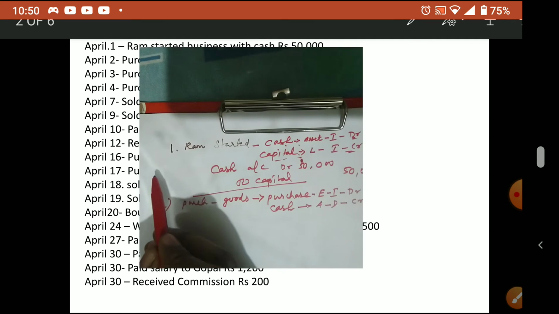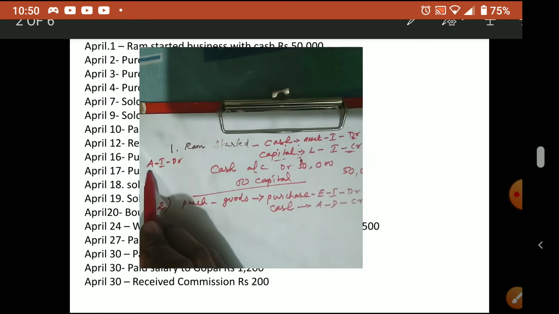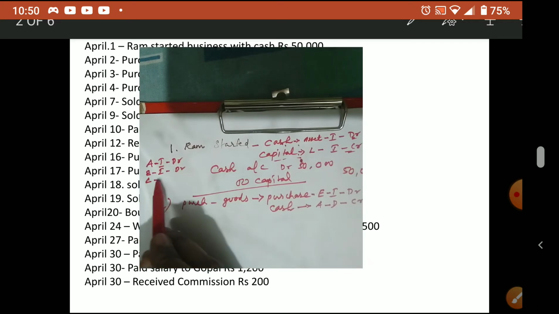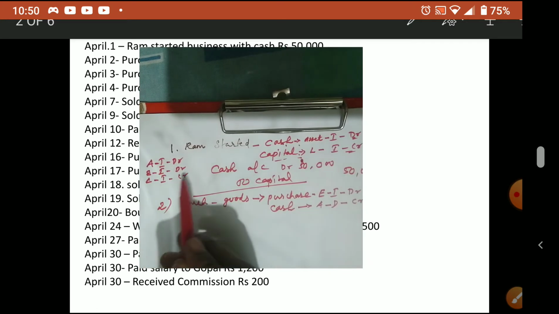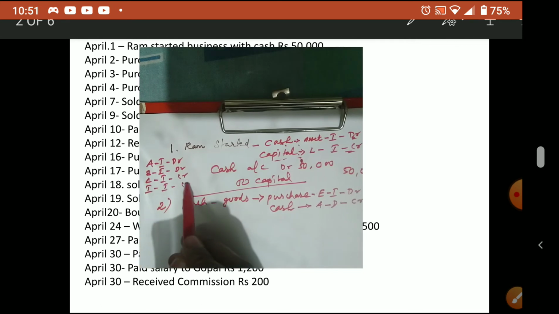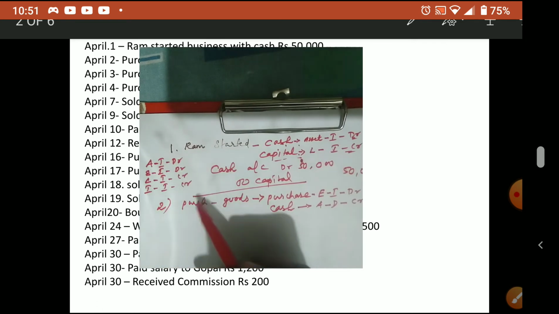So asset and expense, same rule. Asset increase, debit. Expense increase, debit. Liabilities increase, credit. Income increase, credit. This way we have to classify the four accounts.